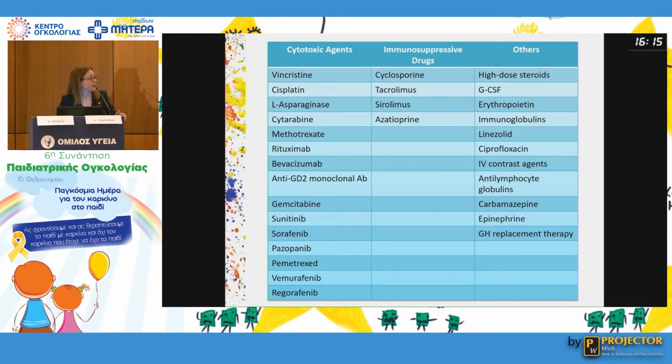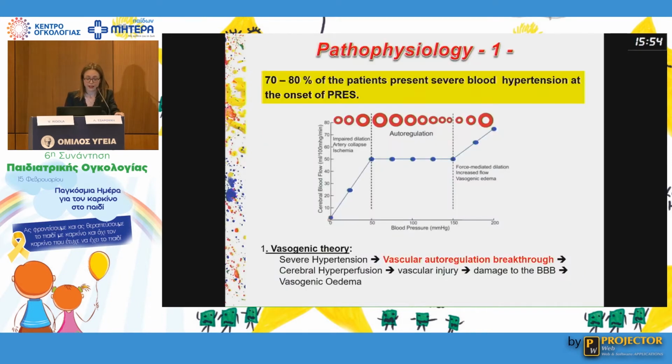There is even a case report of a PRES syndrome occurring in children treated with anti-GD2 monoclonal antibodies. Then we have immunosuppressive drugs like cyclosporine and, of course, other treatment like high-dose steroids, but also growth hormone replacement therapy.